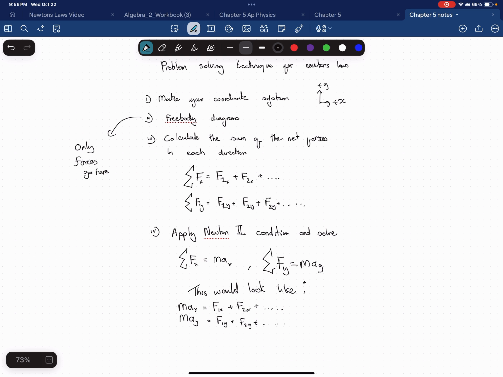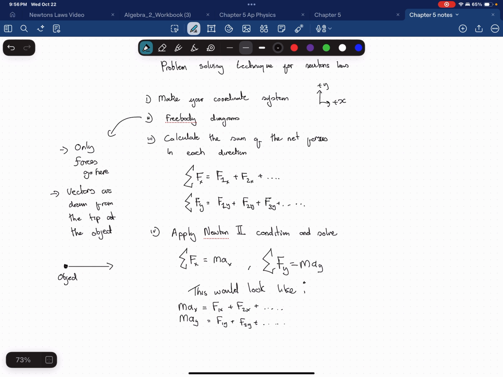Another important thing is how vectors are drawn. The object we're analyzing is here, the tail is at the object, and then the tip points in the direction of the force.